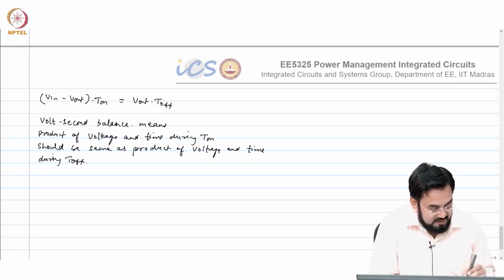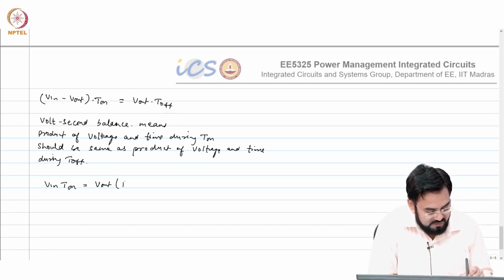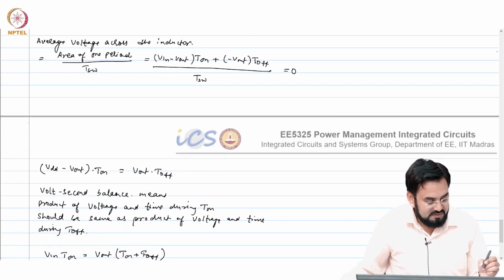So, from here let us see. You have V in T on equal to V out times (T on plus T off). So V out equal to, we defined it as VDD, so let us call it VDD.